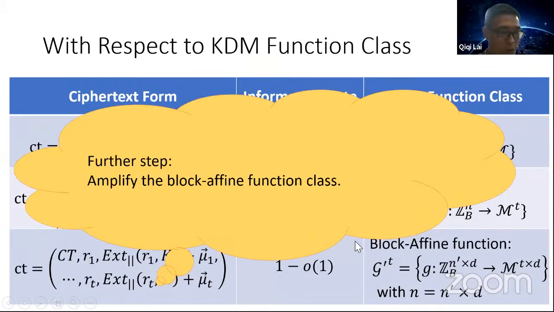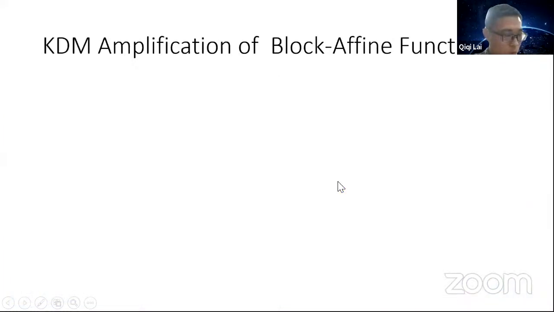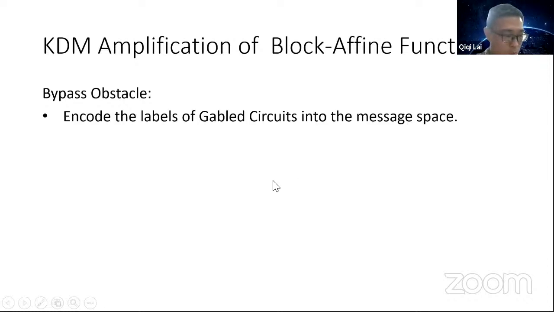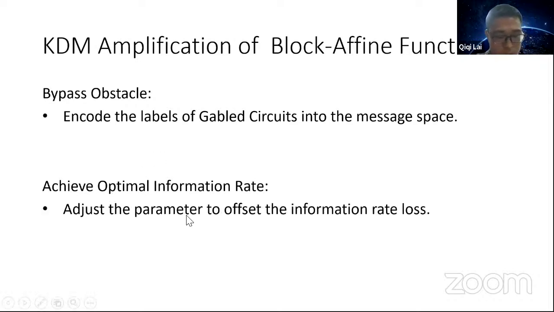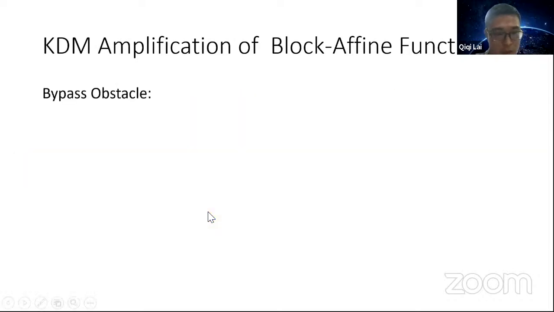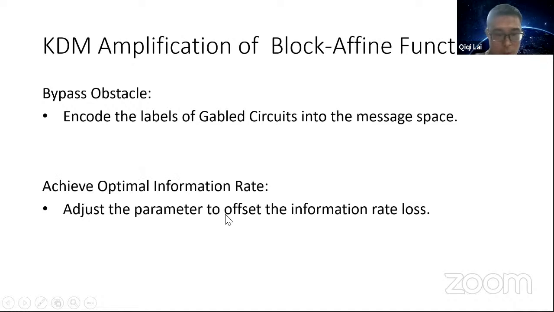So next, we need to try to amplify the block affine function class for KDM security. In order to do this, we can encode the labels of a garbled circuit into the message space. Moreover, we can adjust the parameters of the message space to achieve optimal information rate.